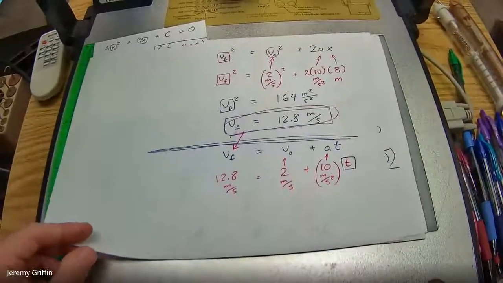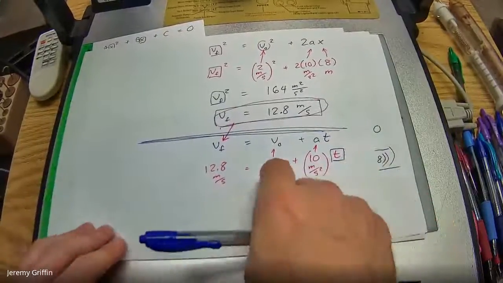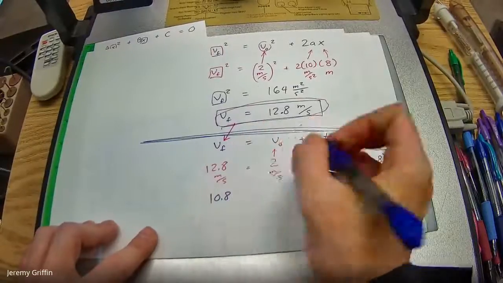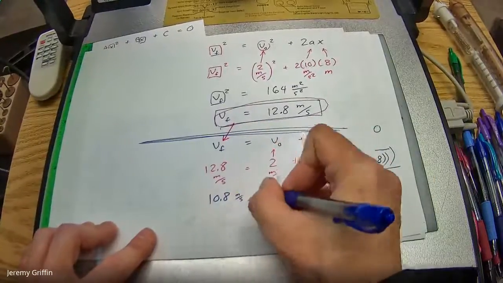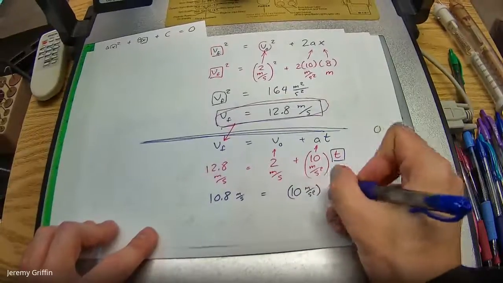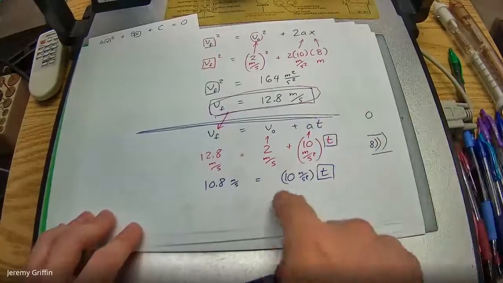Usually there are different ways to approach these problems. You guys see we subtract 2, so that's 10.8 meters per second is equal to 10 meters per second squared times t. Divide both sides by 10. You don't even need a calculator for that, do you? Just roll the decimal.